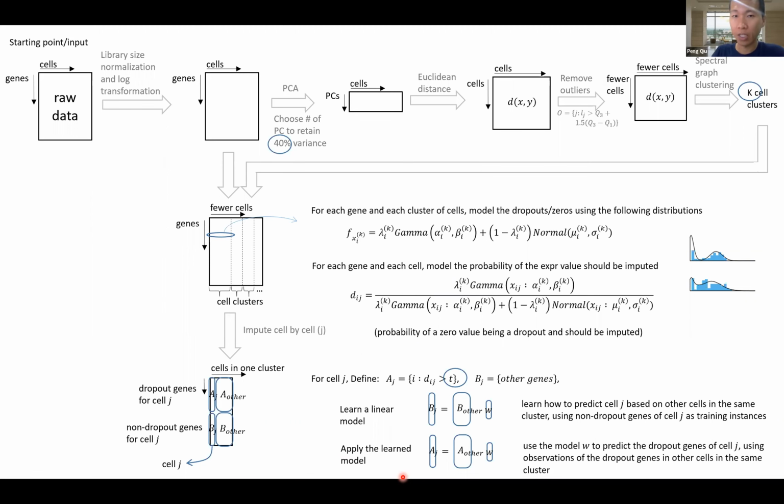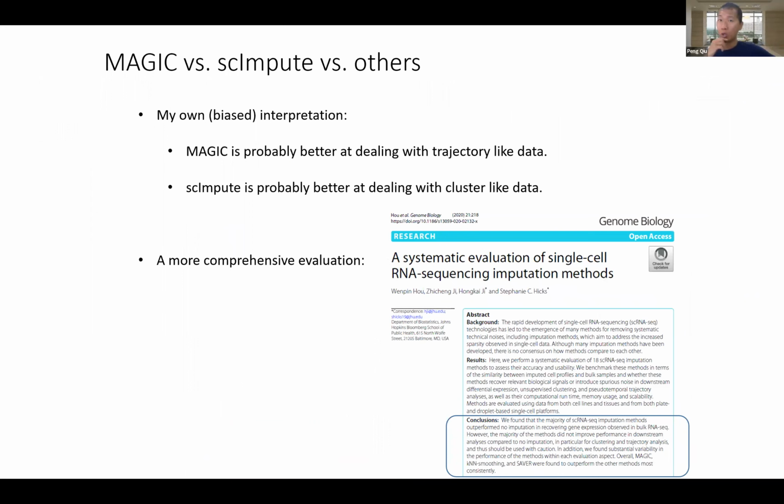So one comparison, because SCImpute and MAGIC are the first two algorithms on imputation, both of them are highly cited, and a lot of subsequent imputation algorithms compared with these two. One observation, and kind of my biased interpretation of these two algorithms, is that if we are looking at a data set that's more trajectory-like, then MAGIC is probably a better algorithm to perform imputation.